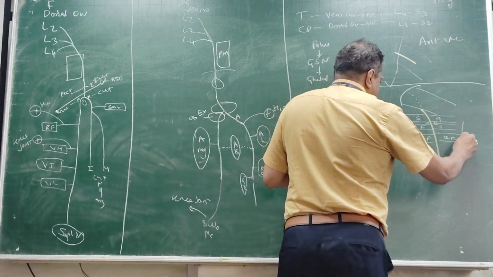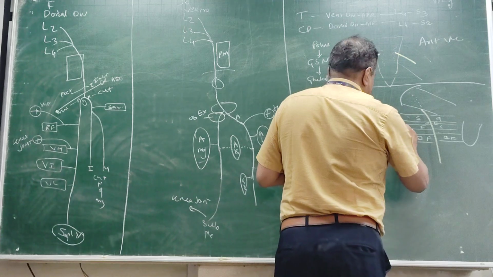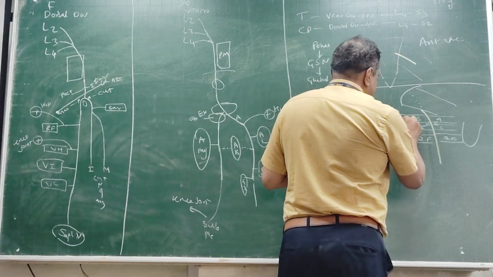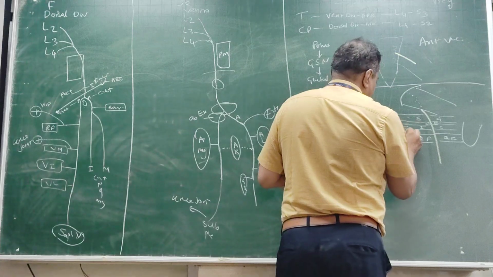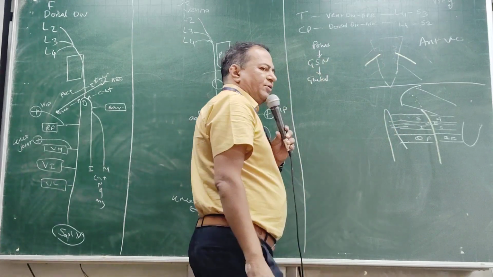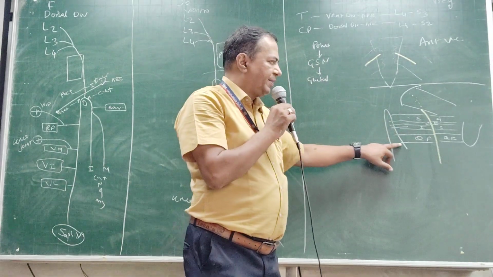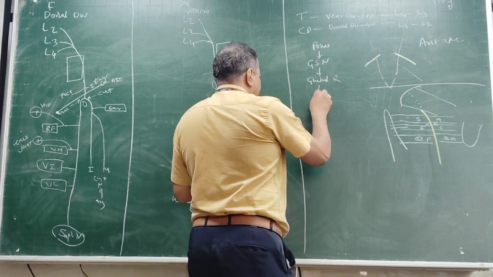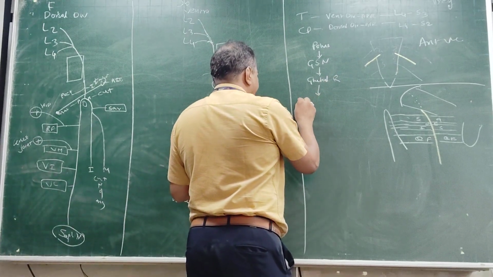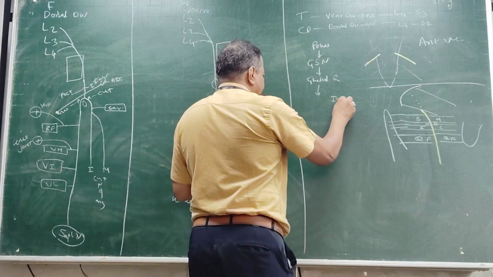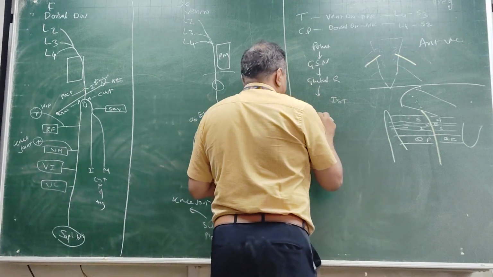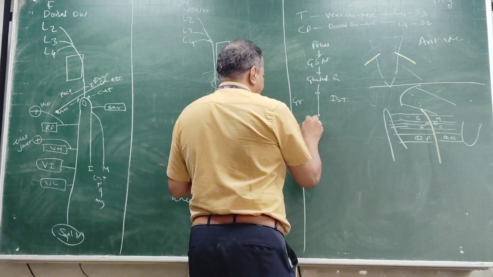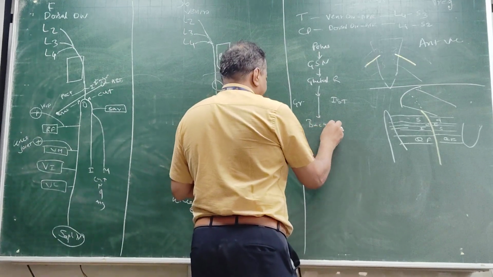Quadratus femoris starts from the ischial tuberosity and runs up to the greater trochanter. All these muscles get inserted on the greater trochanter only, on the quadrate tubercle. So then it leaves the gluteal region by passing between the ischial tuberosity and greater trochanter and reaches the back of the thigh.